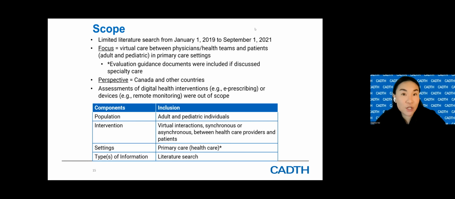And there is no specification on the country of focus regarding virtual care. And as a result, the informing evidence came from Canada and other countries. Just wanted to highlight that assessments of digital health interventions, such as e-prescribing and devices such as remote monitoring, were considered out of scope for this scan. Next slide, please.